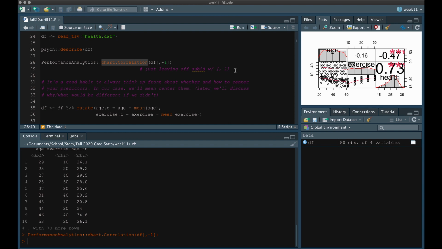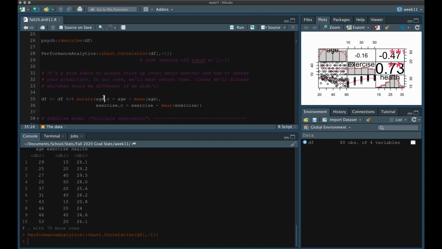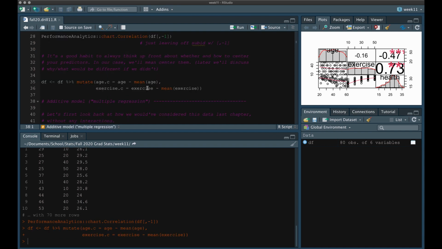And then our slopes are also interpreted as the slope of whatever parameter when all the other things are 0. And so when you're using linear regression, it's always about what is 0, and an age of 0 just doesn't make any sense. And so in this case, we're going to mean center our variables, which is probably one of the more common things.